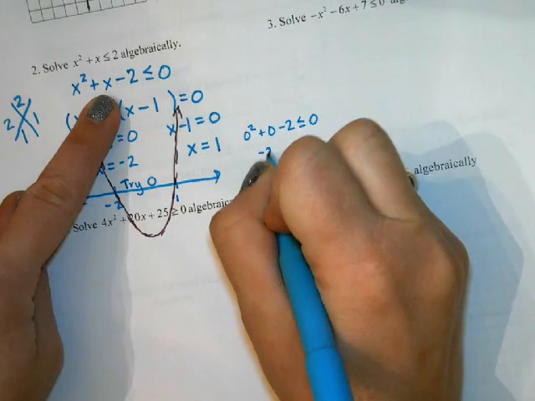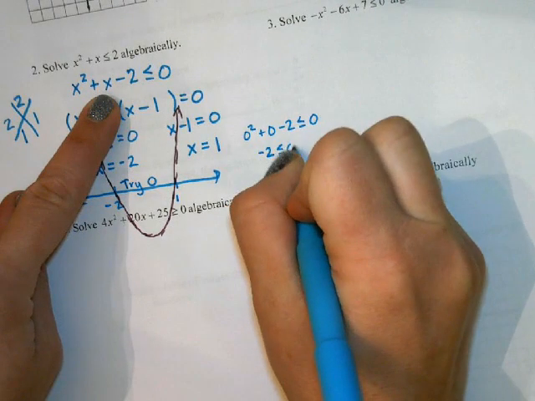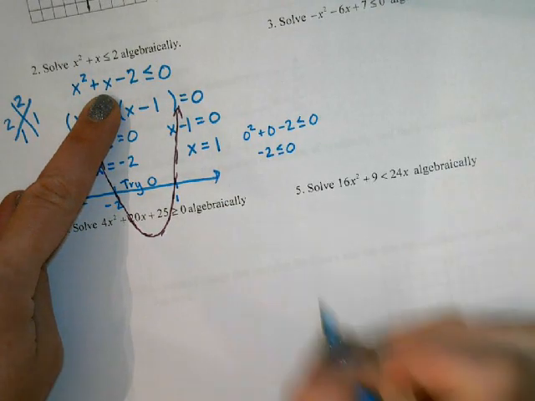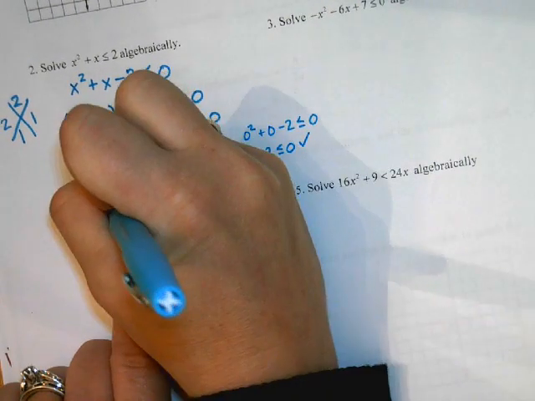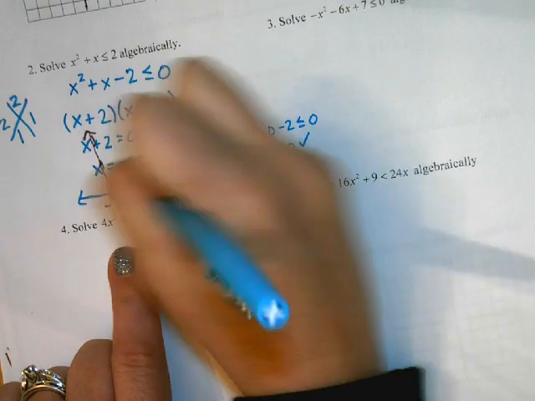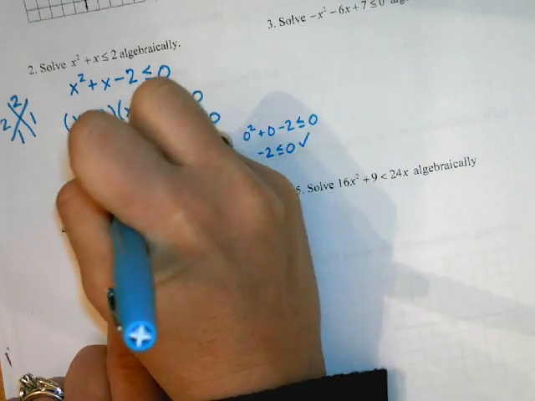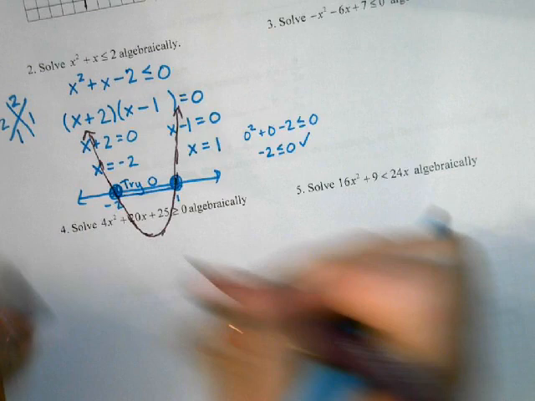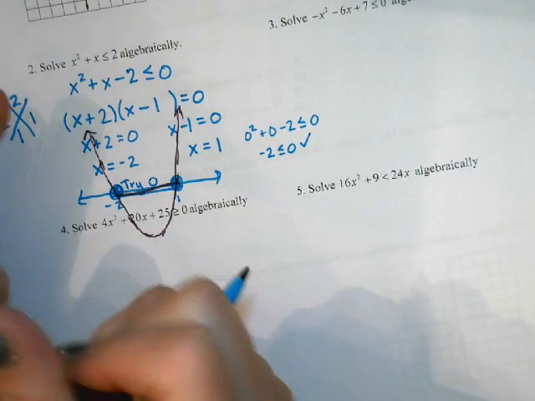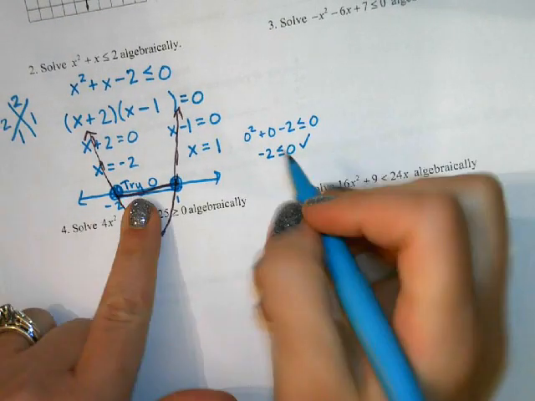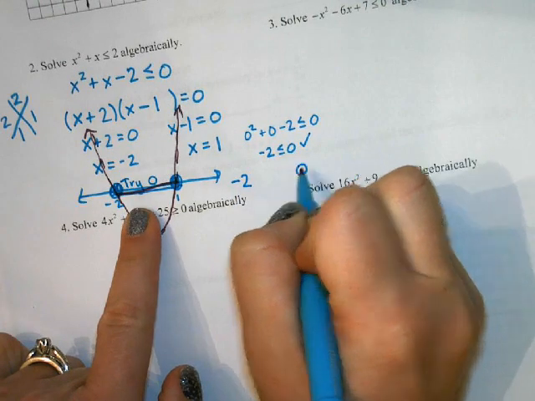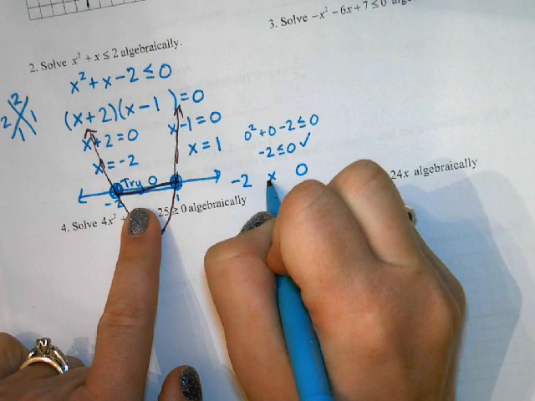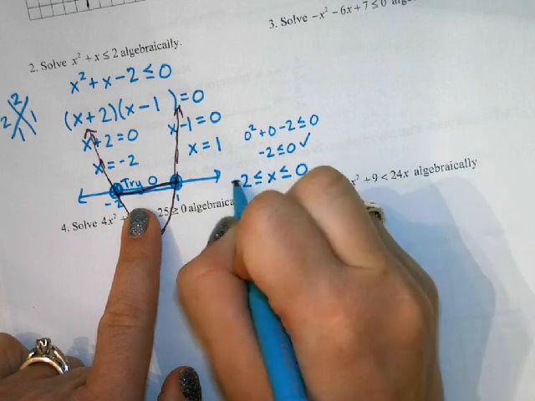Is negative 2 less than or equal to 0? Yes. That means this guy is an and, and I need to write my solution as an and. Smaller number first, bigger number on the other side, variable in the middle, crocodiles eat what's right.